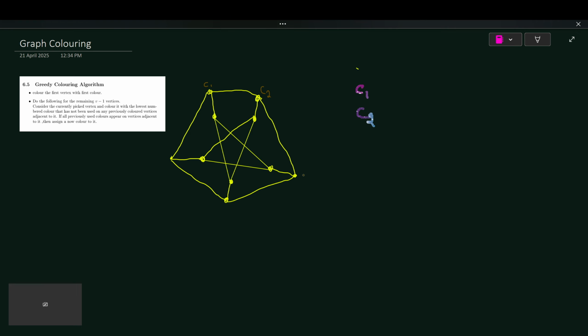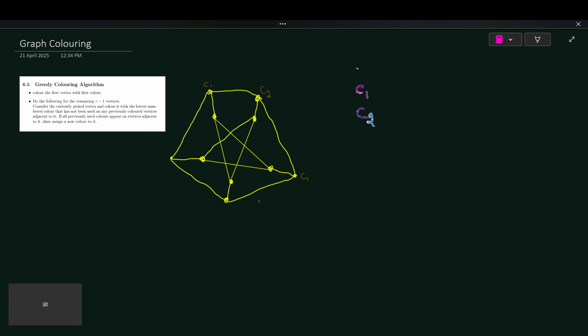Here this is our third vertex, and it is not adjacent to our first vertex, and therefore we can use the color c1 for this vertex.